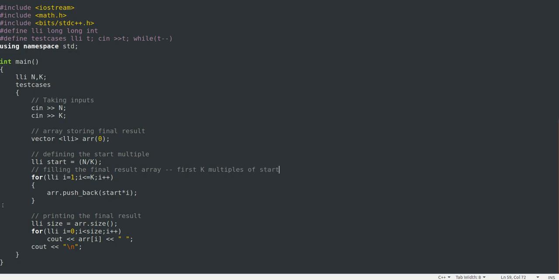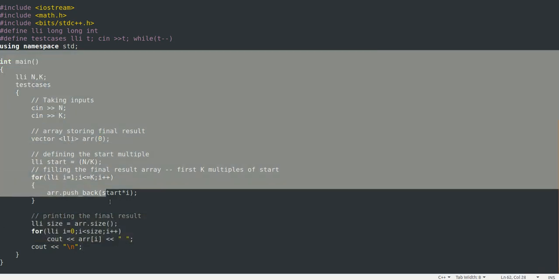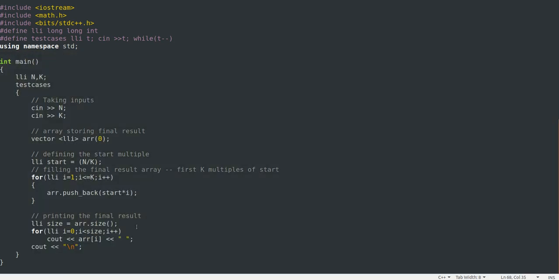That is what we are doing here, and we are pushing those values in the ARR array, which will hold our final result, and then we are finally printing the final result. So that's pretty much it. This is the final code, and this will produce the expected result.